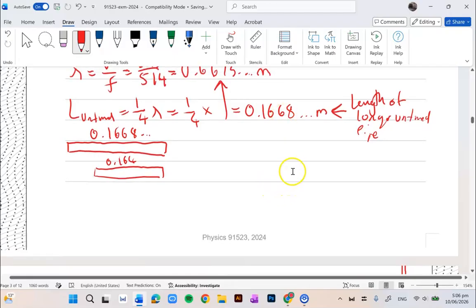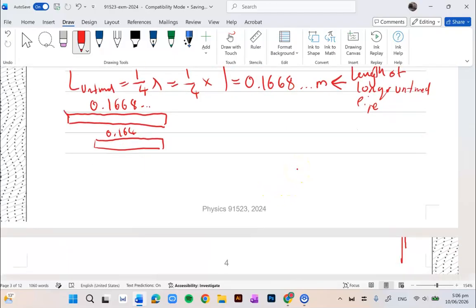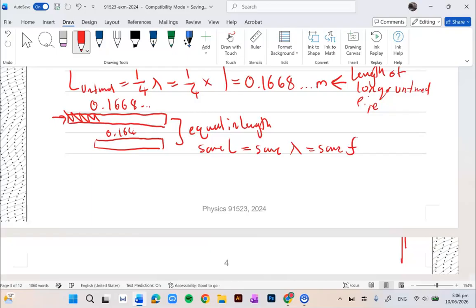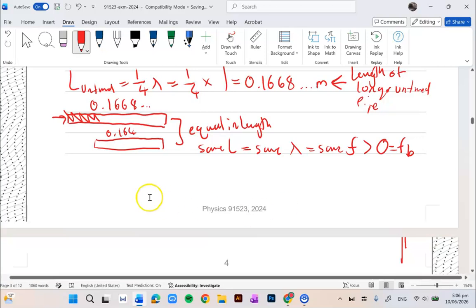So basically we need to find how much this distance here is, because that's how much the cork needs to be pushed through to make them equal in length. Because we're now the same length, same L equals same wavelength, which gives the same frequency.